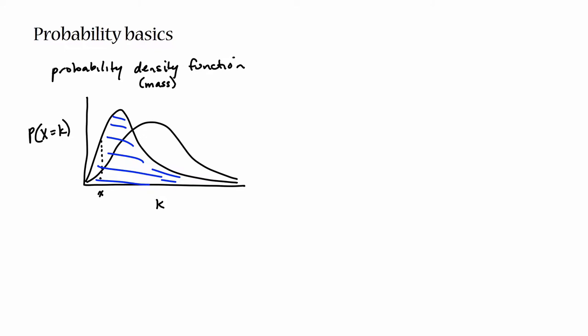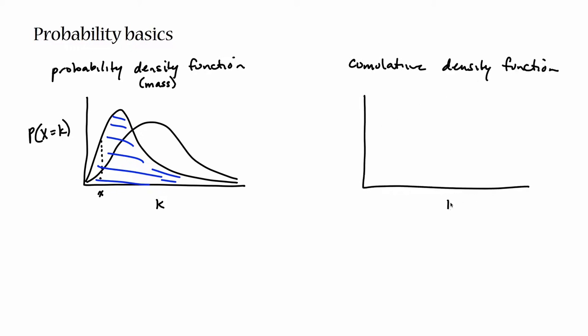And the other way we might summarize a probability distribution is using its cumulative density function, which is very similar but slightly different. So for every value, the cumulative density function tells me the probability that my random variable is going to be equal to or less than a given value.